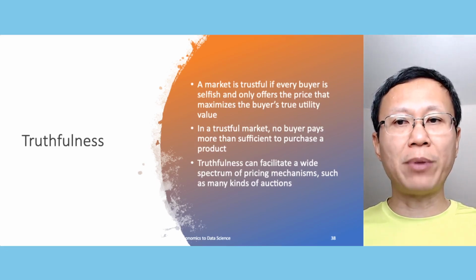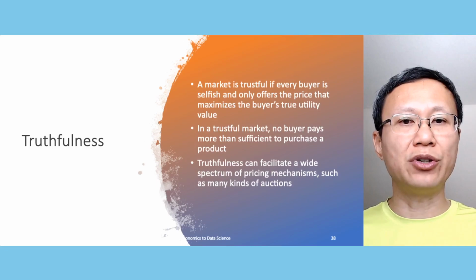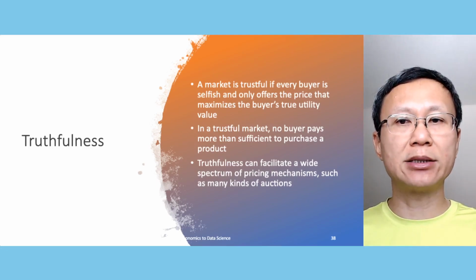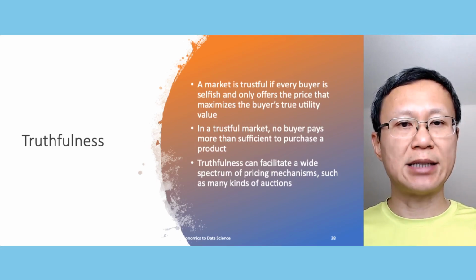Here, different buyers may have different utility values on the same product. Truthfulness can facilitate a wide spectrum of pricing mechanisms, such as many kinds of auctions. Auctions of products will be discussed in the next section.